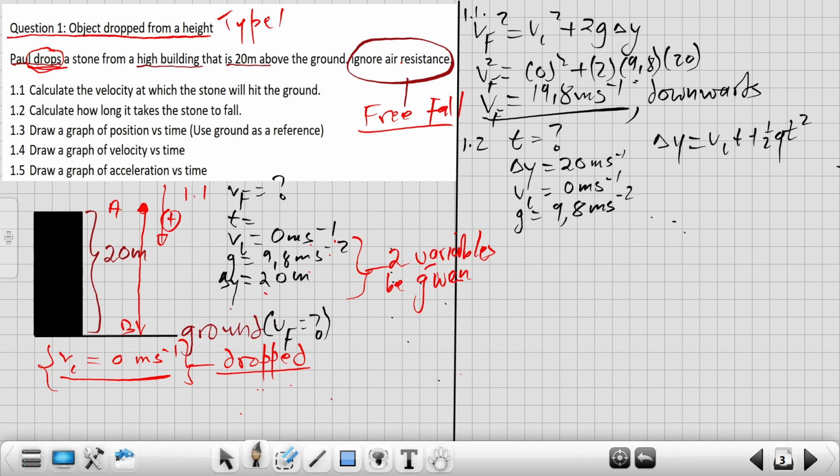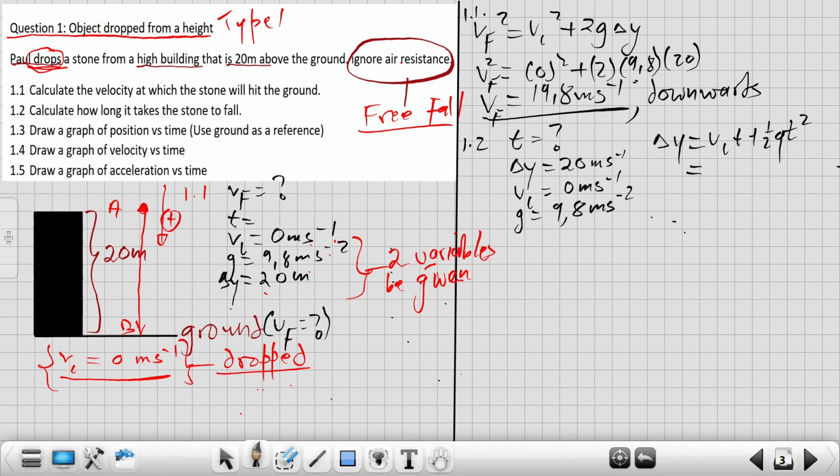And remember, the formulas are given in the formula sheet, so all you need to do is ensure that you refer to your formula sheet, because once you write an incorrect formula, then everything is going to be incorrect, because we'll be substituting into the incorrect formula.